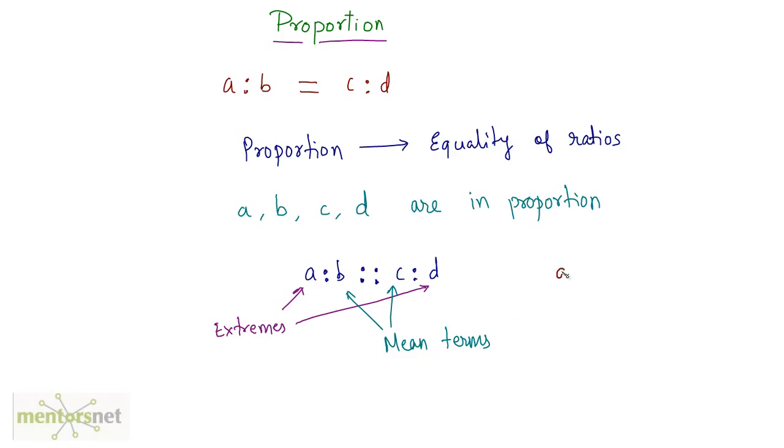So A times D is equal to B times C. This is basically the same thing. If you move this B to the left and D to the right, you get A by B equals C by D, and this is nothing but a proportion. So the product of extremes is equal to the product of means. You have to remember this property.